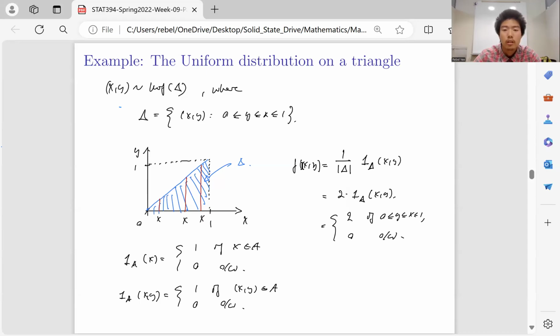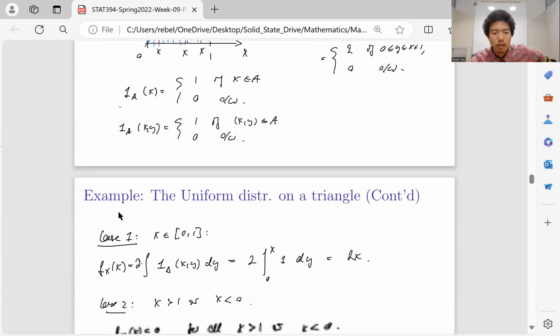That means 1 over the area of this triangle is 2. So by the indicator function form of the uniform distribution, we can write that this region is 2 if 0 ≤ y ≤ x ≤ 1, and 0 otherwise. Because if it's not in this region, in some other region outside, there's no probability that the case will occur.